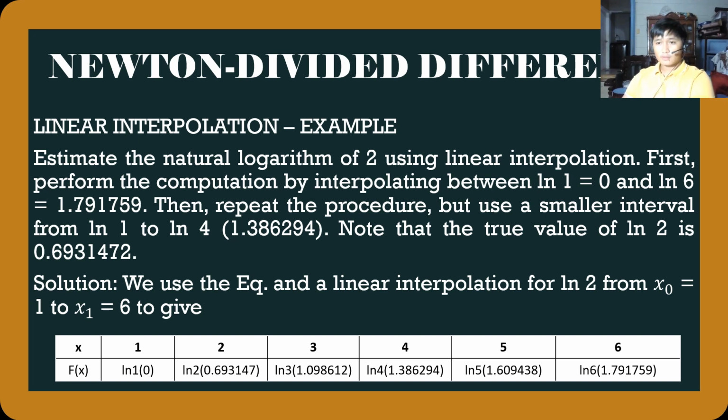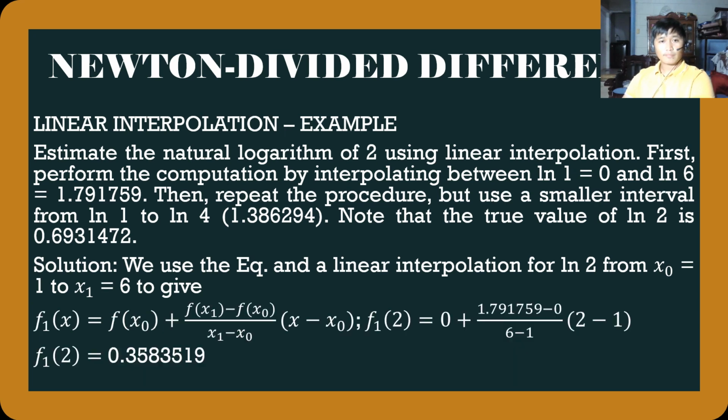So first, the interval: x sub 0 is 1, and then x sub 1 is 6. This is the formula given earlier, so we will just plug in the values.